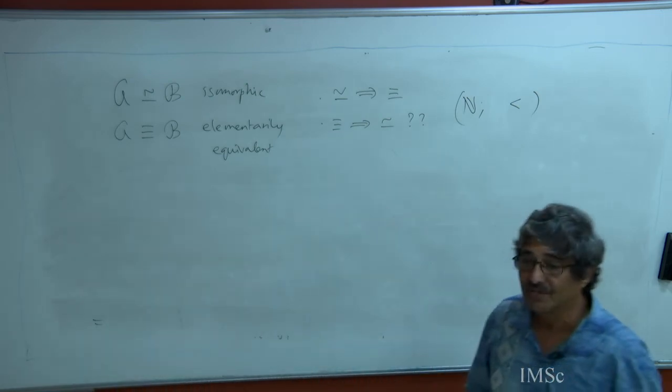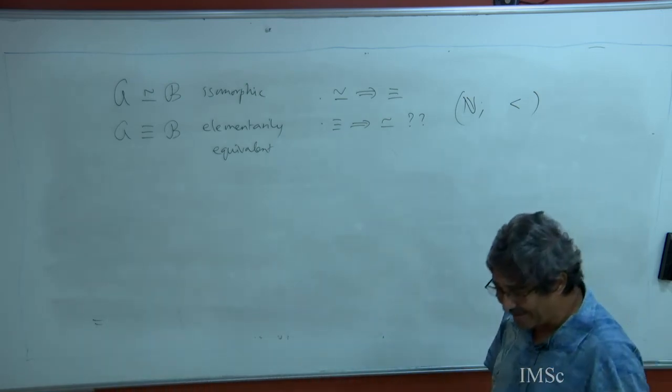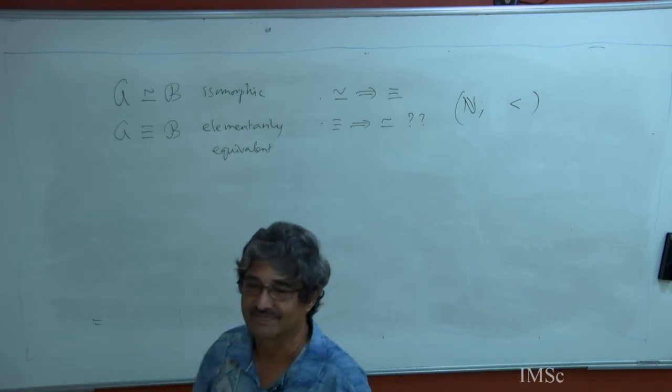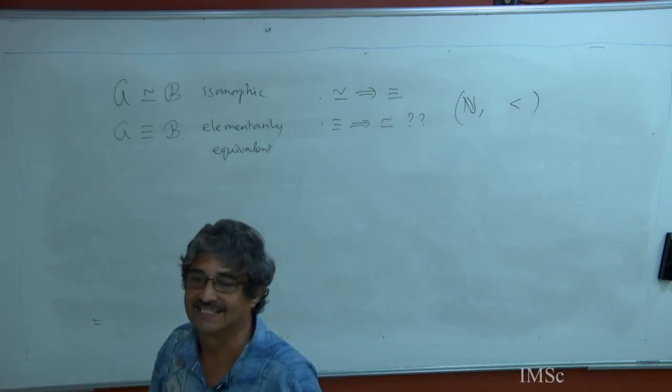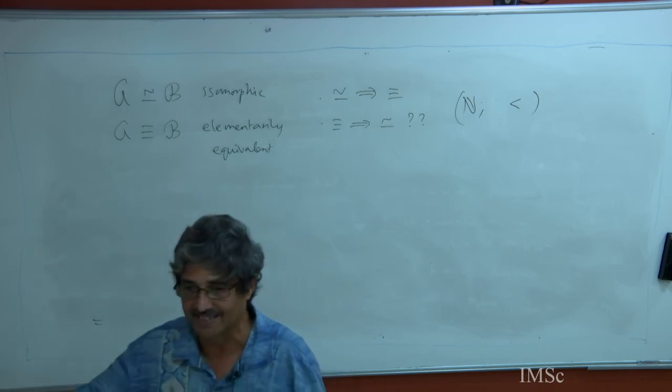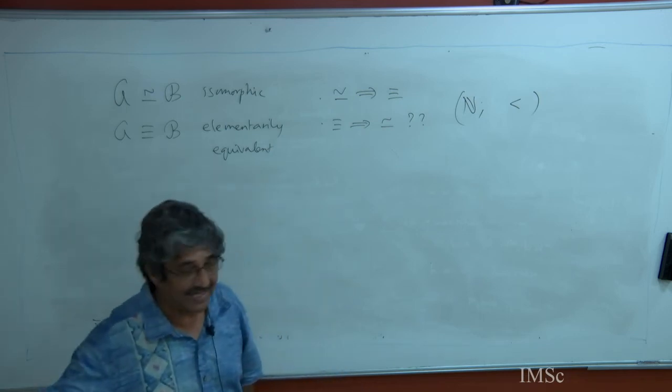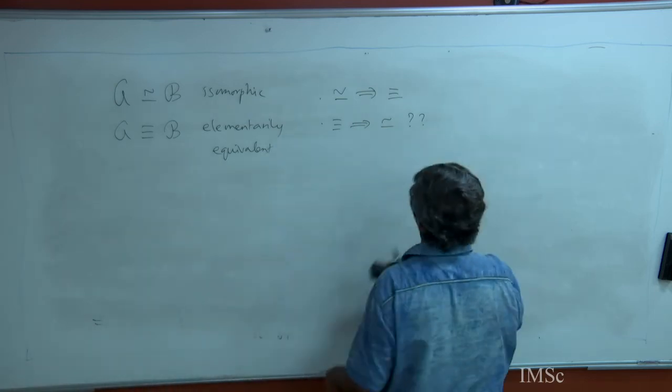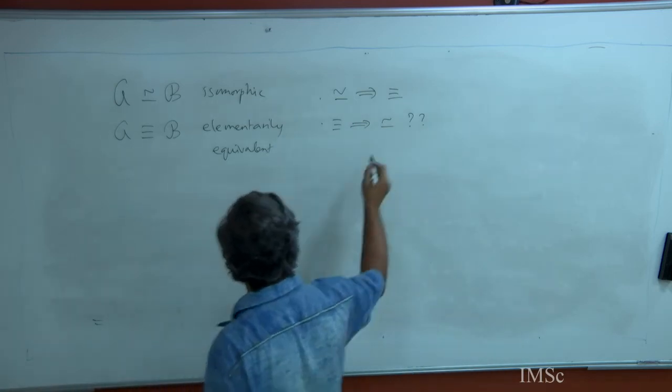So this is the number line. Can one define this structure up to isomorphism? Can I write a set of sentences that describes this up to isomorphism? This is the kind of question that we are interested in. First, let's see that this is false, and it's easy.